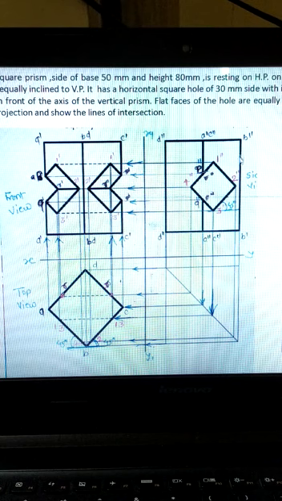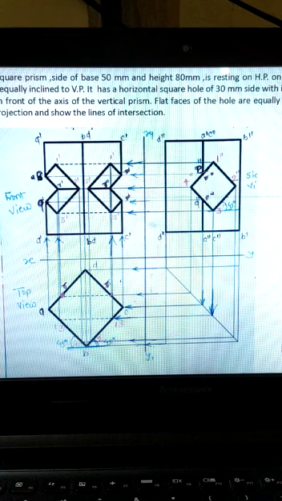Project the side view from the top view and define the notation A double dash, B double dash, C double dash and D double dash.